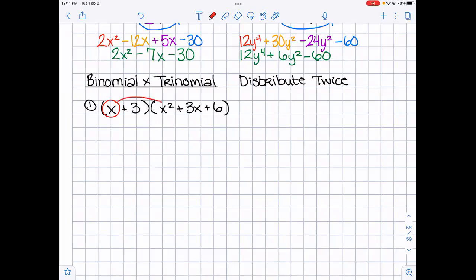So what's x times x squared? X to the third. What's x times 3x? Careful. 3x to the second, right? X times 3x. 3x to the second. Then finally, x times 6 is 6x.